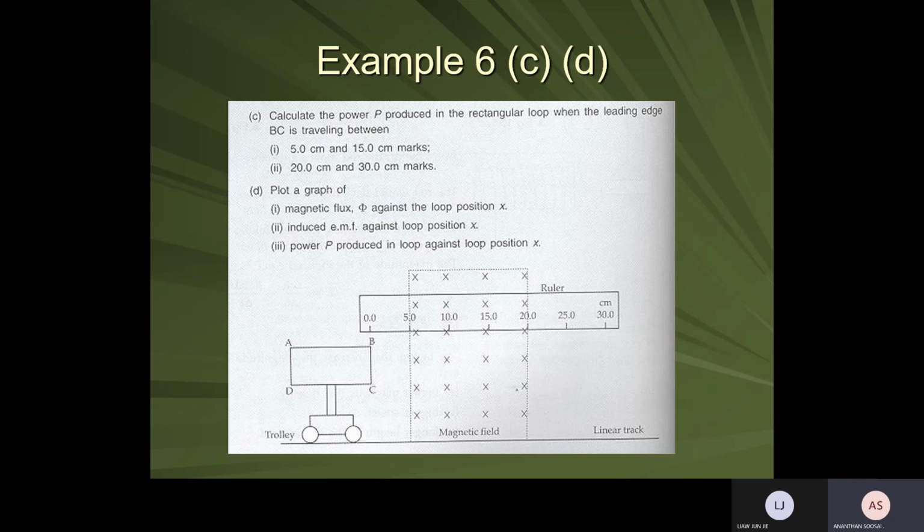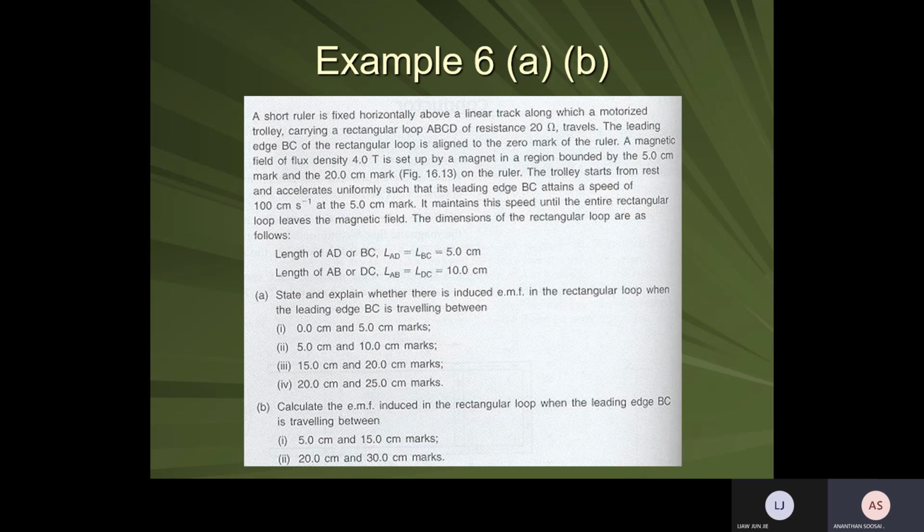When you pass through the magnetic field, of course, EMF will be generated. Now, the AB is about 5 centimeters away from the magnetic field. Okay, the AB and the BC dimensions are given. Go to the question. So yeah, AB is 10 centimeter. So BC is 5 centimeter.